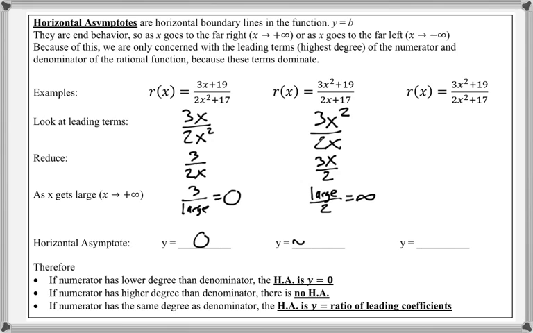So y is going to be equal to infinity, or really there's no horizontal asymptote, because this just keeps going and going, there's no boundary. If there's no boundary, then it's not an asymptote. So there's no horizontal asymptote, and this is because there's no boundary.